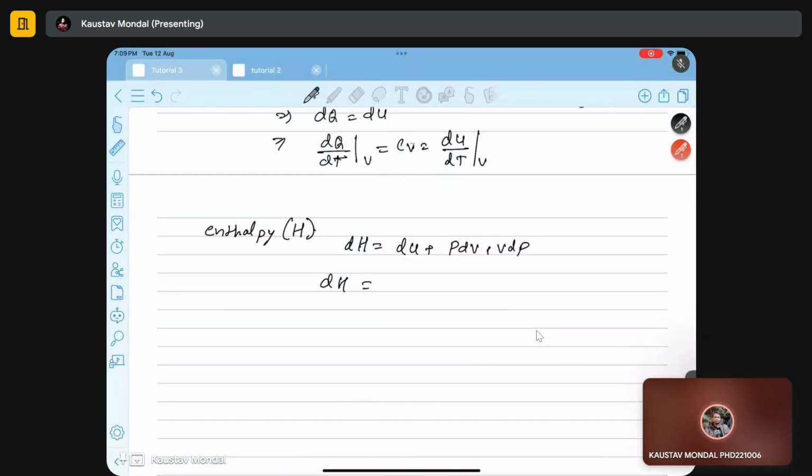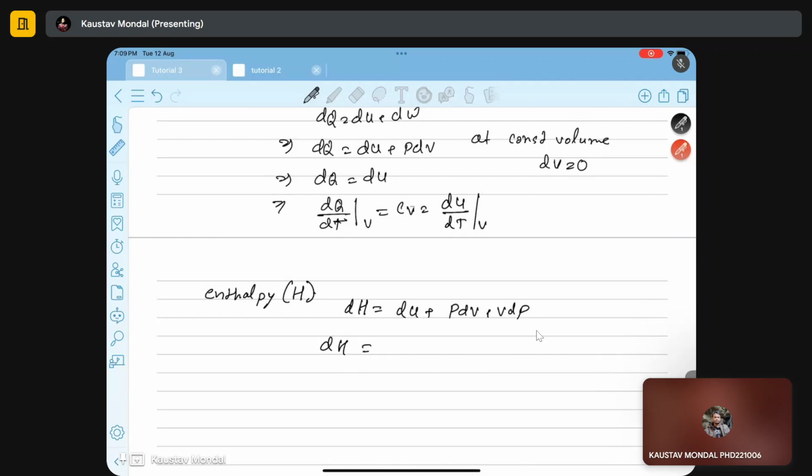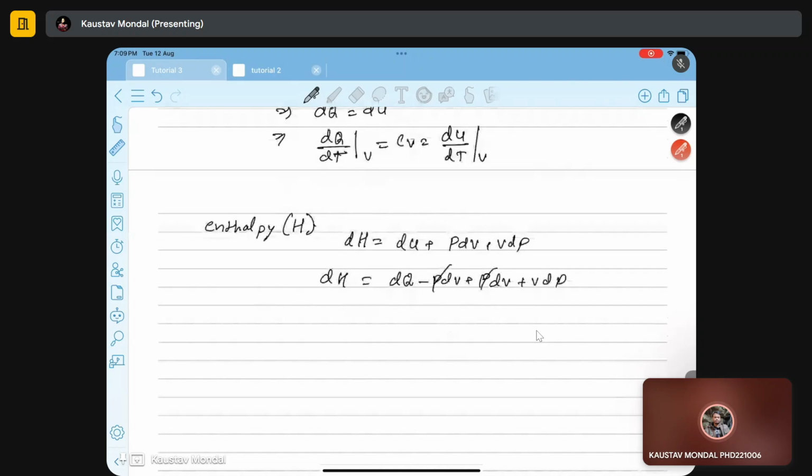Okay, anyway, so dH is simply, so the dU expression you already know. dU is dq minus pdV, so plus pdV plus Vdp, so pdV is cancelled, so dH is simply dq plus Vdp.